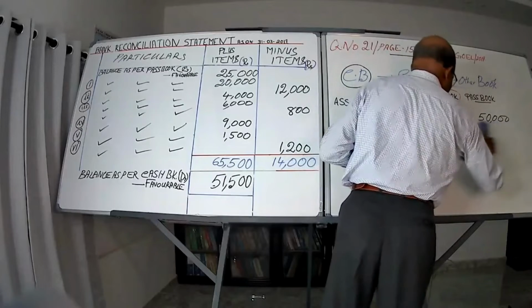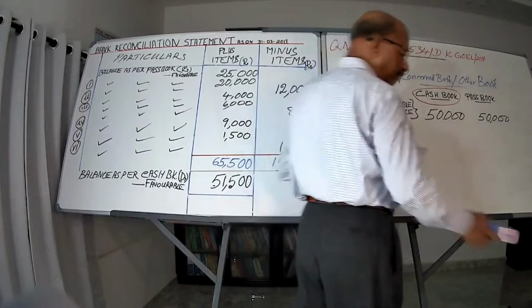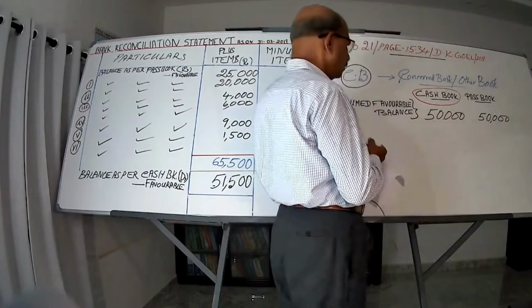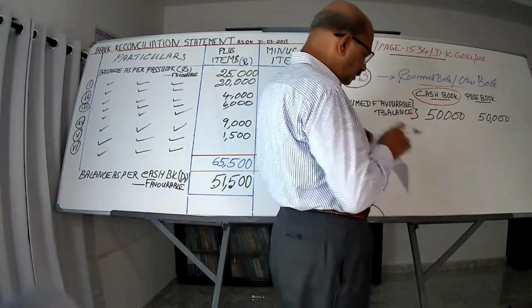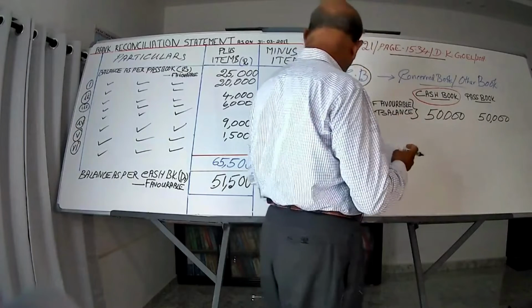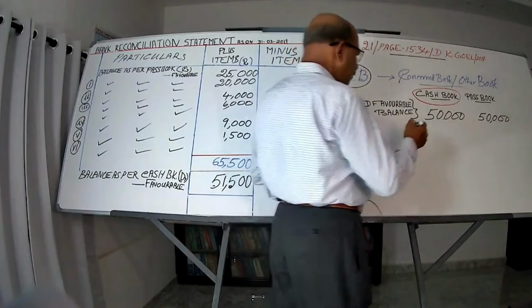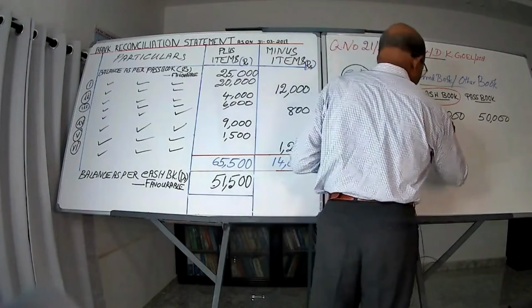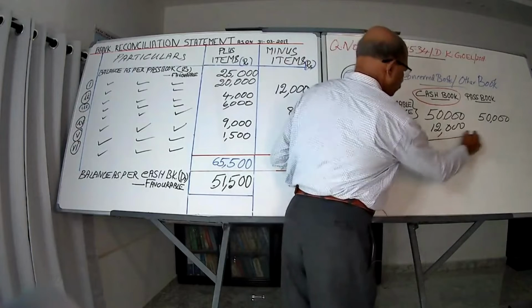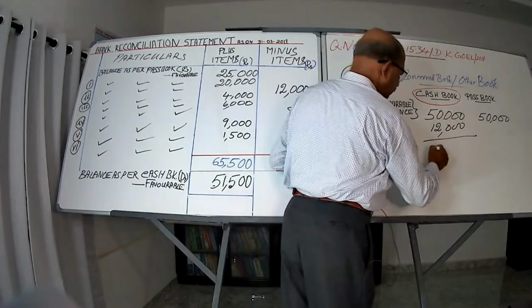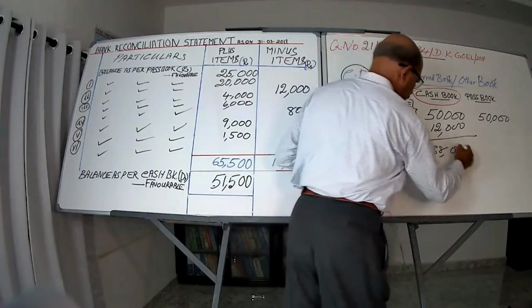I'm basing on my assumed favorable balance before the transaction in each book, a common balance as 50,000. And this is a question of 12,000 rupees. This 12,000 rupees, the moment I issued a check in my cash book, it has come down to 38,000.